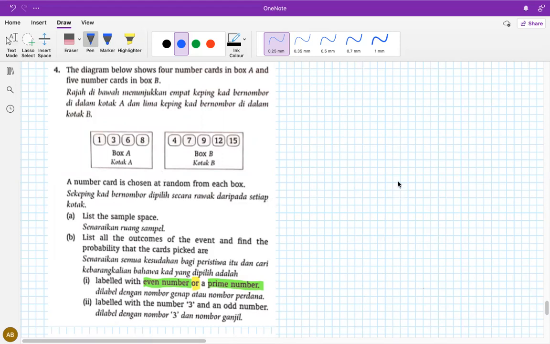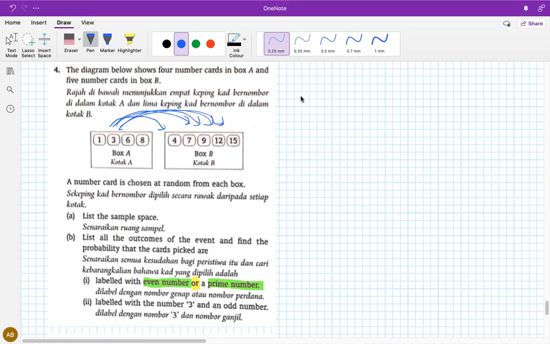That means you can use tree diagrams, or you can use tables, or you can use a geometry coordinate. If you don't want to, you can also list down one by one like this: 1 with 4, 1 with 7, 1 with 9, 1 with 12, 1 with 15, but you don't repeat it.